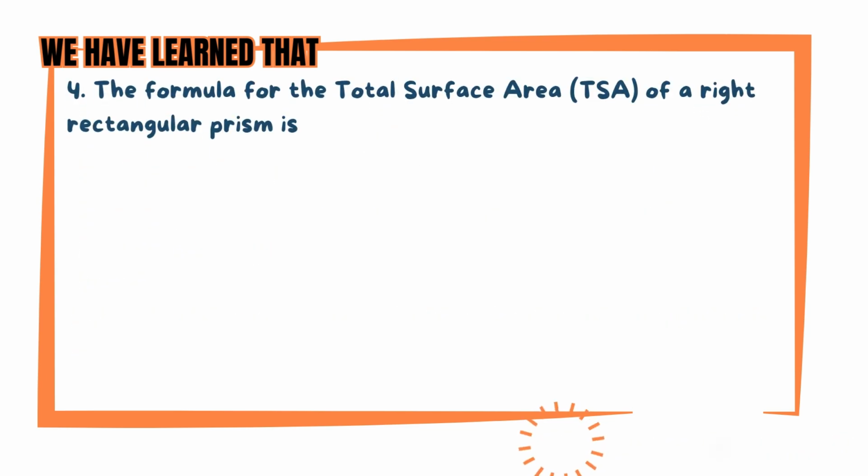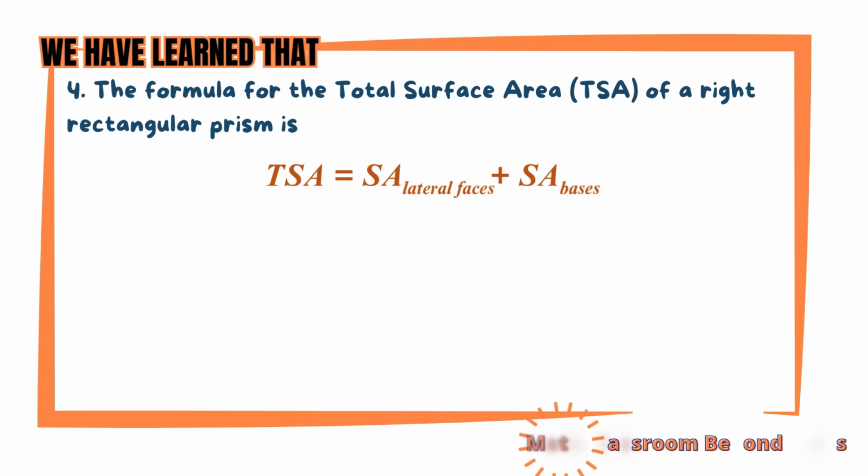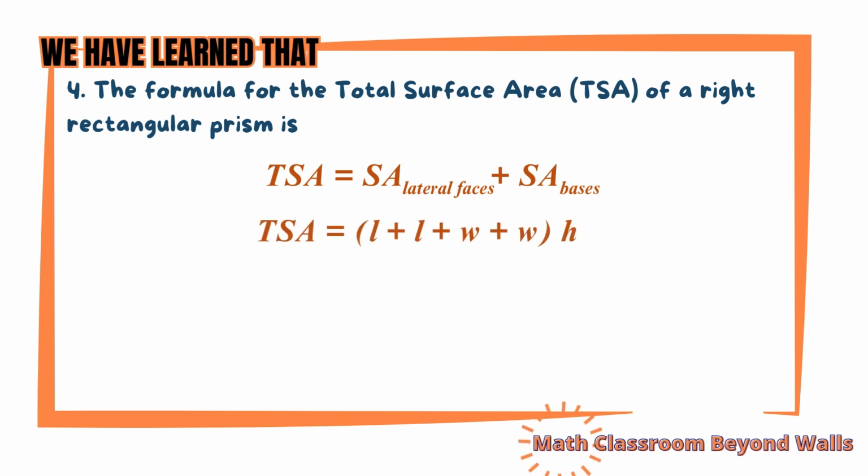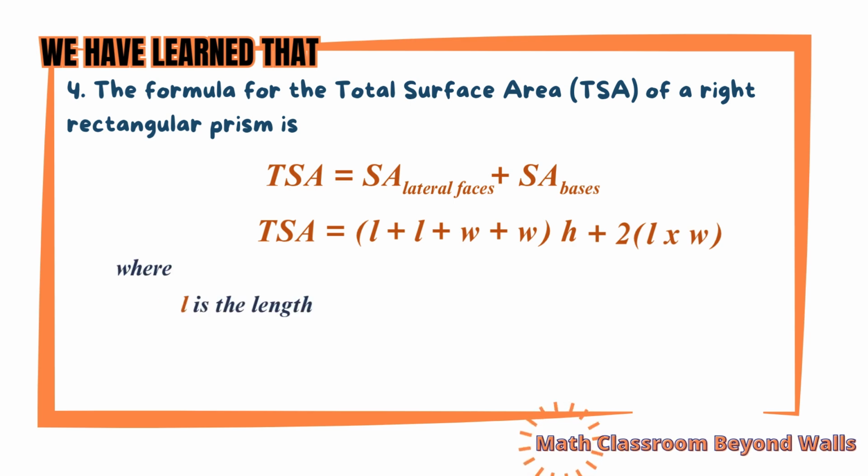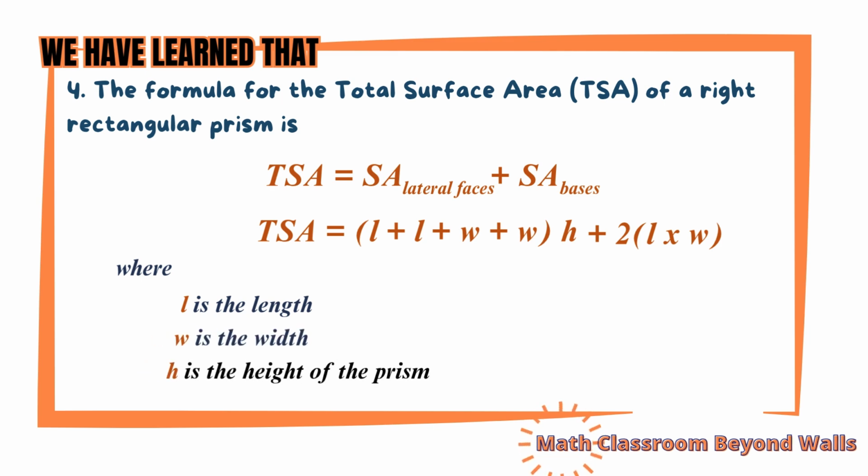Fourth, the formula for the total surface area, TSA, of a right rectangular prism is the surface area of the lateral faces plus the surface area of the bases, which is the sum of the length and the width times height plus 2 times L times W, where L is the length, W is the width, and H is the height of the prism.